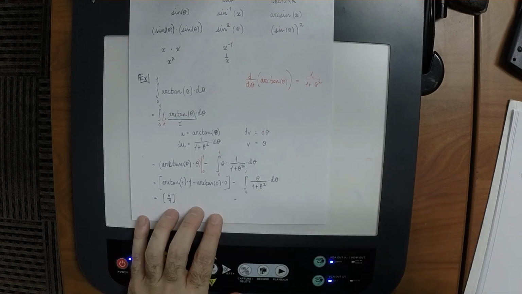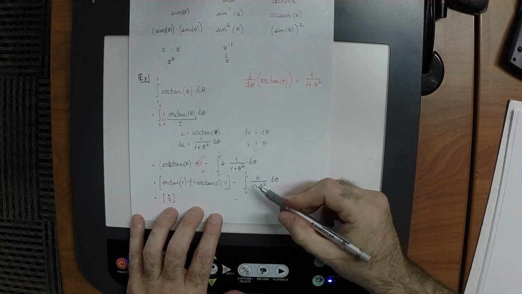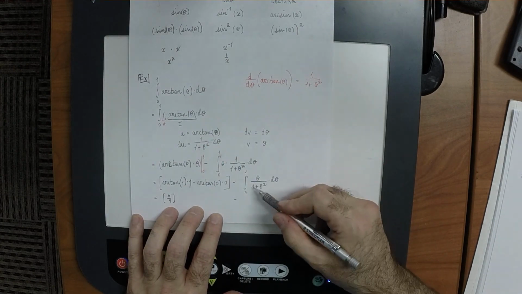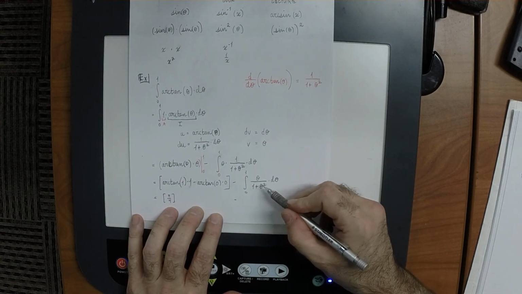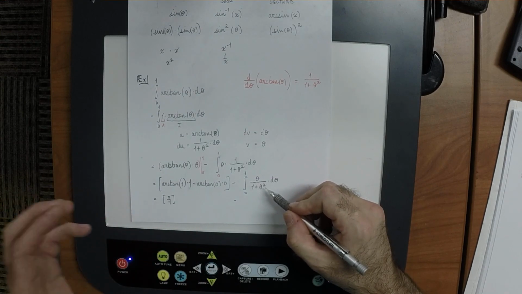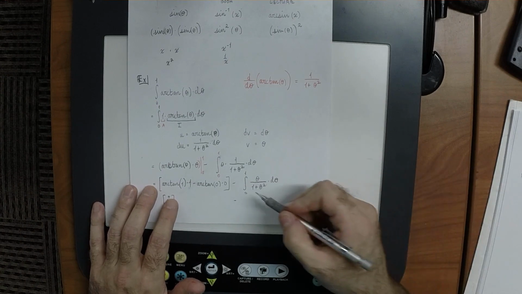A u substitution, right? I won't use u because I used it there, so say w is 1 plus theta squared. Then what's dw? 2 theta d theta.